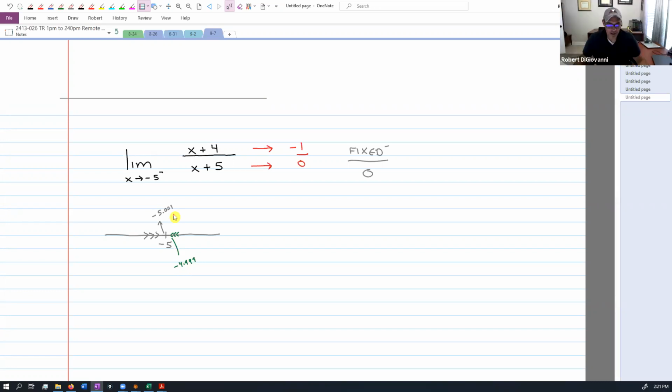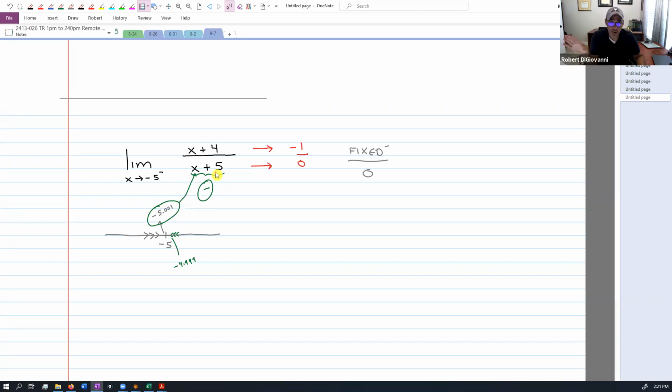The other side, yeah. So then what we have is technically a very small negative number as we were approaching 0, as we were approaching -5. Is everyone clear on that? Because we're coming in from the left of -5, like -5.0001, when we plug it in here and add 5, it's going to be a really small negative number. All we care about is the sign.